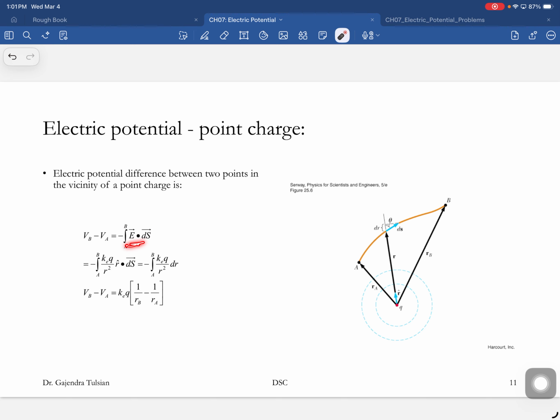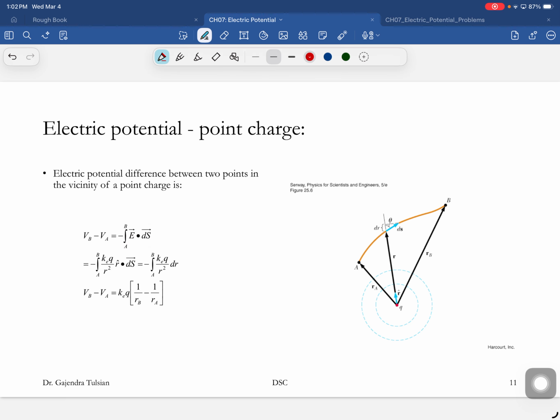Okay, so let's evaluate this integral. The reason you learn all these different coordinate systems is that doing this integral would be very hard in Cartesian coordinates. It depends on the symmetry of the problem.